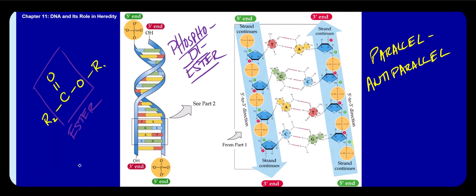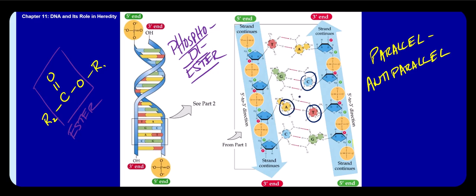Then we look at the middle. When we do this parallel, anti-parallel arrangement, that sticks our bases out into the middle. So we line up what base we're matching to what base. We're always going to match a purine to a pyrimidine. So I've got my pyrimidines, my thymine, my cytosine. I'm going to match them to particular purines.